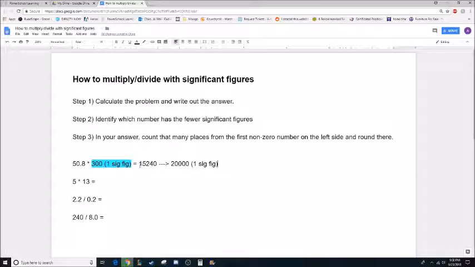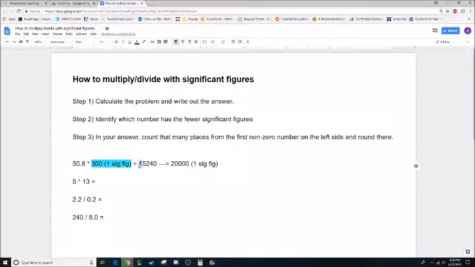Another way you can think about it is we have 15,240 here, and I know I can only have 1 sig fig because I have to have my answer match the number that has the fewer sig figs. So I know I have to keep this first number right here.